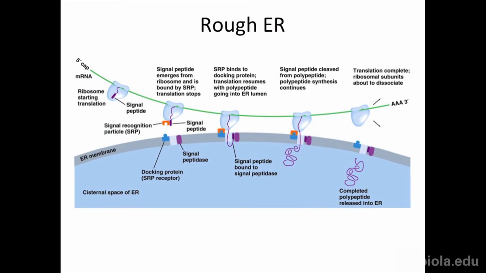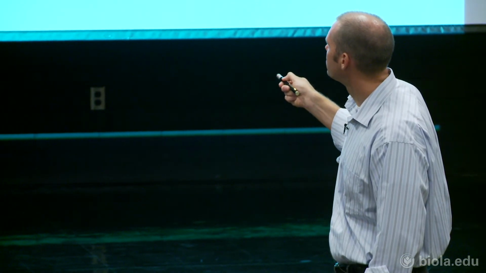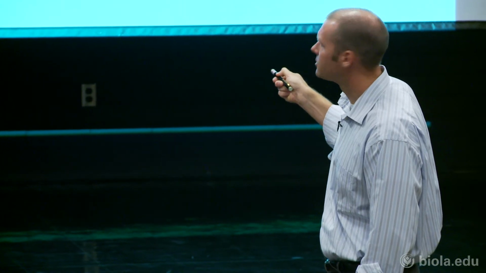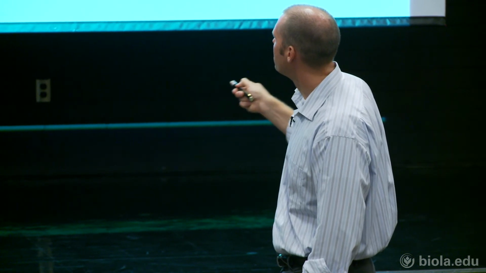So the first thing that gets made off of that mRNA is the signal sequence of amino acids, and a signal recognition particle will bind to it. So if the mRNA makes that signal sequence, it's basically saying, I'm the kind of thing that needs to go to the ER, and the signal recognition particle says, oh, here's an amino acid sequence telling me that this needs to be in the ER, and it will bring it to the ER membrane.